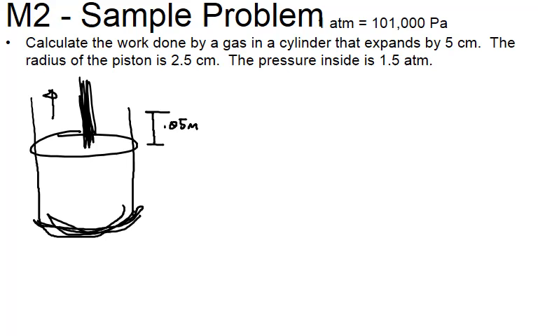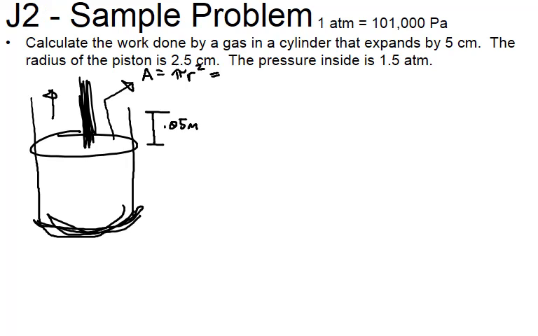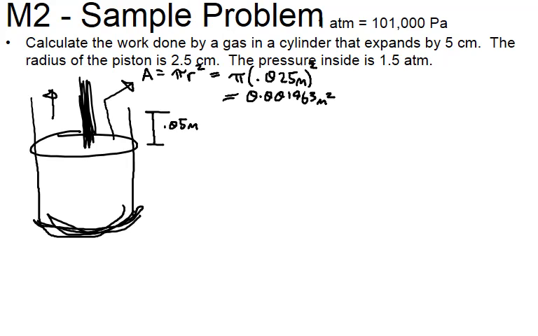Okay, so we have our piston, and it can expand 0.05 meters, and so pi r squared is the area. The area of that is 0.001963, and the volume we can find by the area times the displacement.